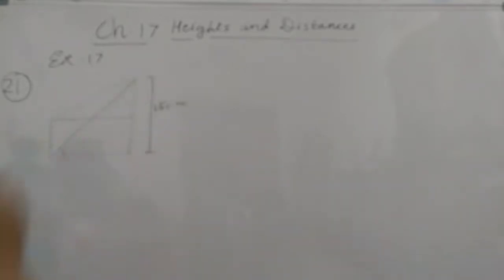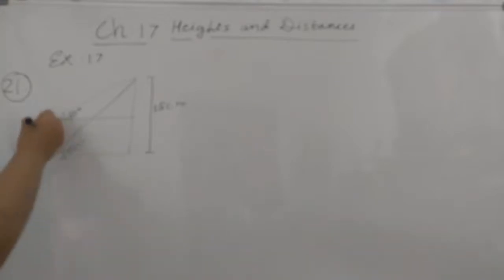The top is observed as 30 degree here and this is 60 degree here. Likewise, we draw the figure. See, to understand the question, you have to read one line and draw the figure. Now find the height of the tower.